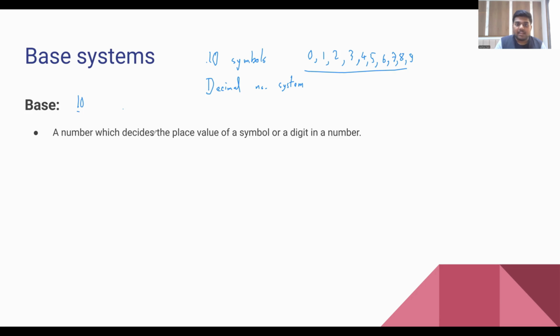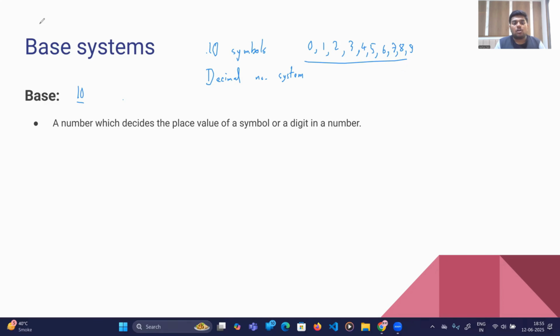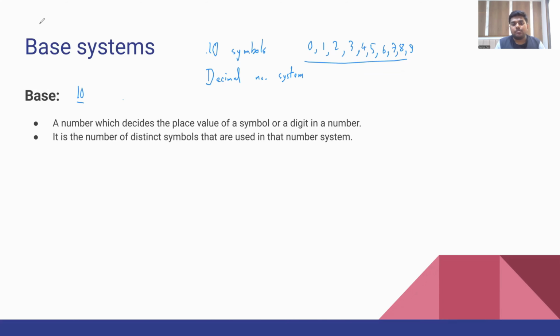Had this number been greater than or lesser than 10, then we would have used more or fewer symbols respectively. And it is also the number of distinct symbols that are used in that number.